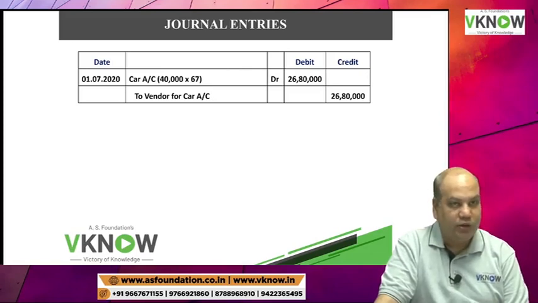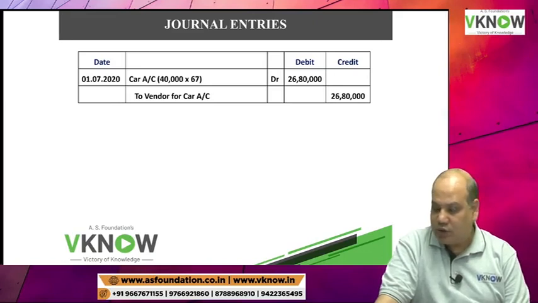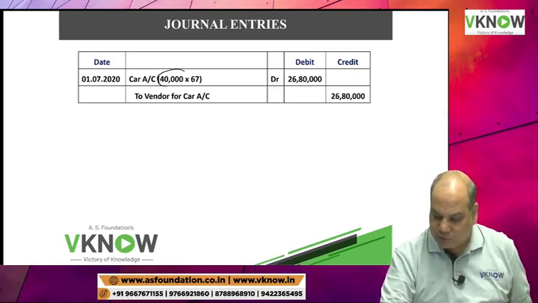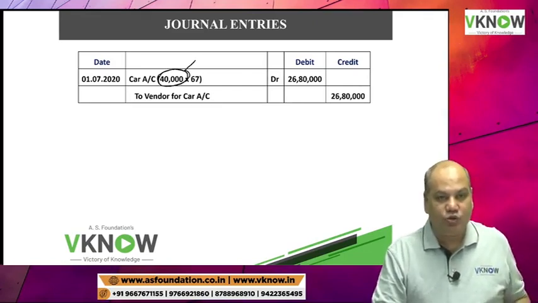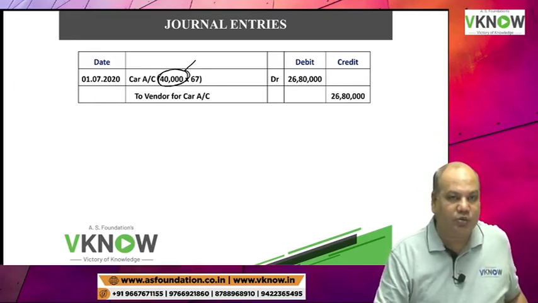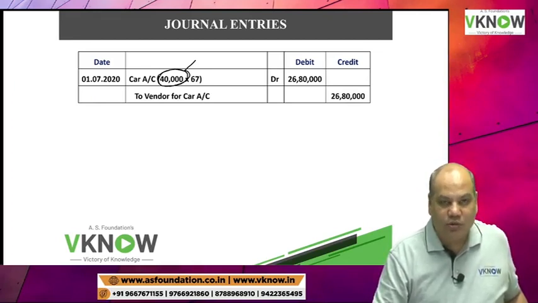To vendor for car account 26 lakh 80,000. Now this car was purchased for $40,000. Keep in mind, it has to be revalued. When you do the revaluation, you will apply the rate for the entire amount, not just the increased amount. Revaluation will be done for the whole car.